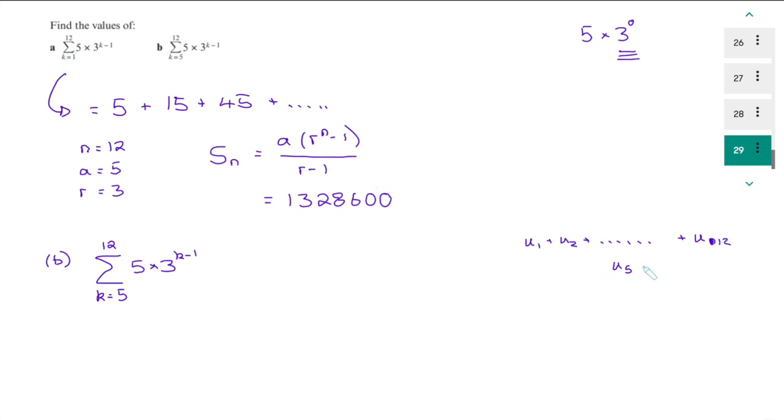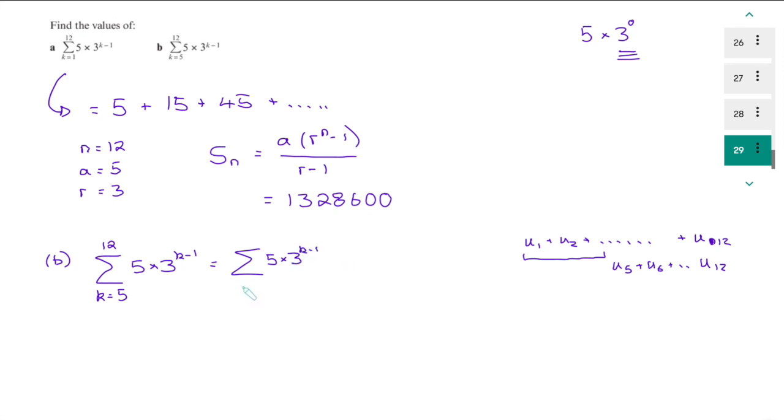So I only want u5 plus u6 plus up to u12. Right, so looking at this, I'm hoping you can see that I've already got this one, I know what this whole thing is, I just need to take away the first few terms. So I'm going to rewrite this and hope you can see this. So I've got exactly the same thing in here.